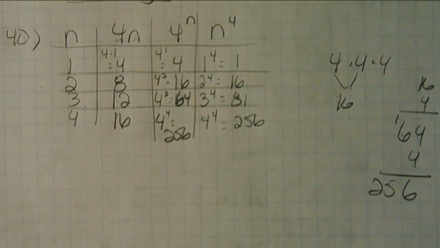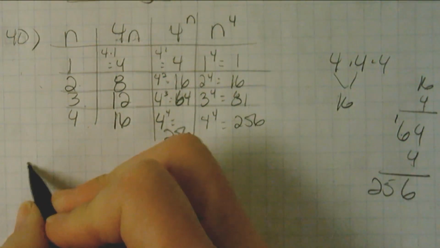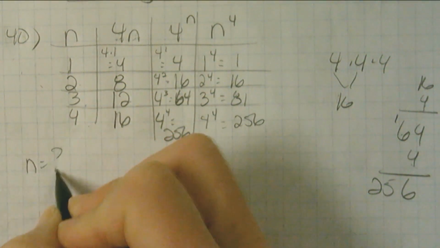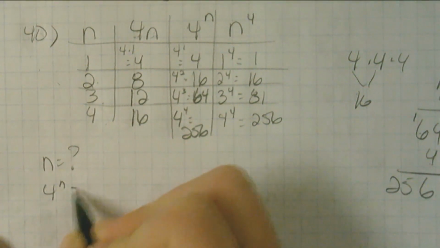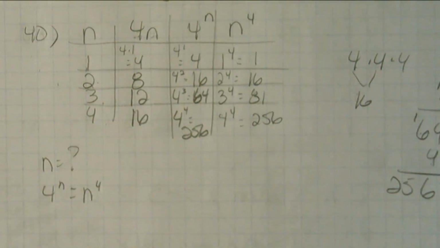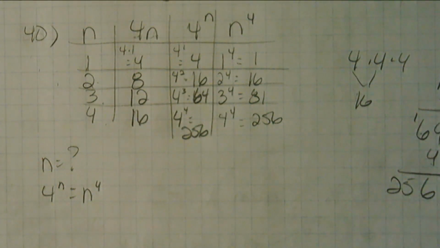Okay, part B said, for what values of n is each sentence true? So we want to know what n equals. And the first one is, for n equals n to the fourth. Well, once you filled out the table, these should be easy because you're just looking at the table.